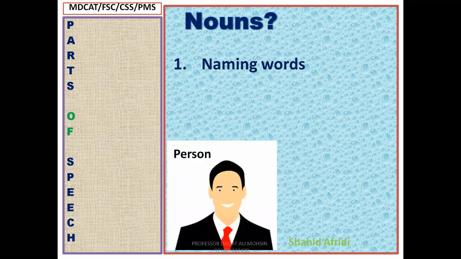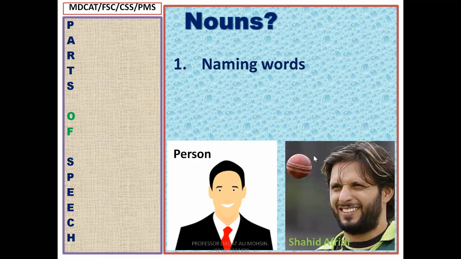What type of name? That can be the name of a person. A person can be anyone, generalized, and a person can be specific. That is Shahid Afridi, a renowned character of the Pakistani team.